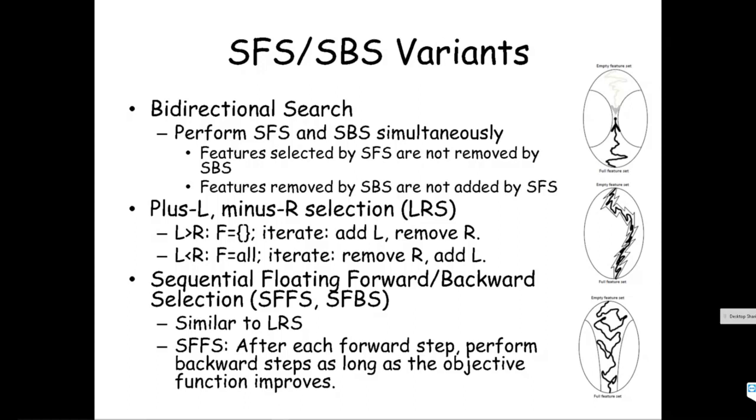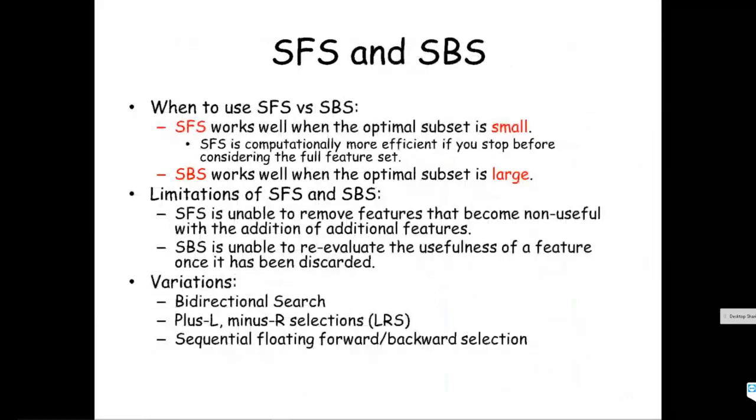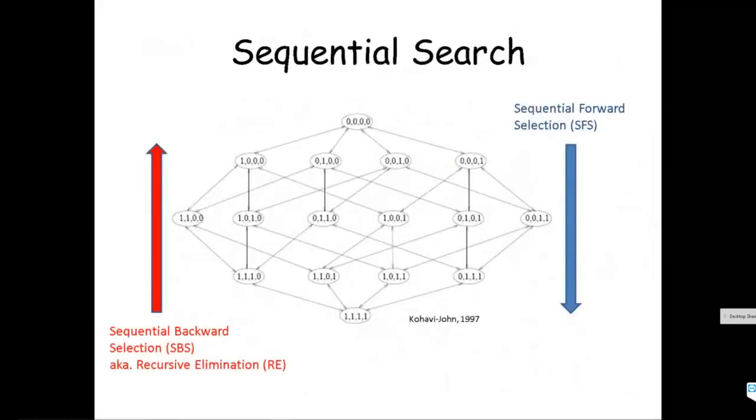And plus L minus R means I'm going to walk down L steps. I'm going to add L features, but then I'm going to do a backward search, remove R features. Okay? So let's look at this figure again. Imagine I'm having a much larger graph.